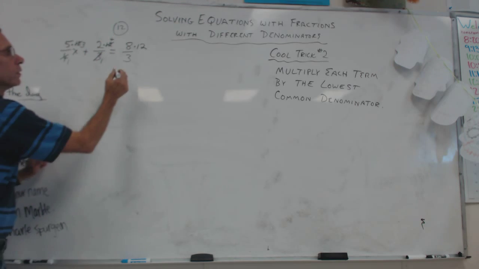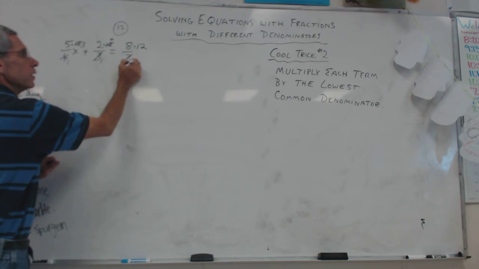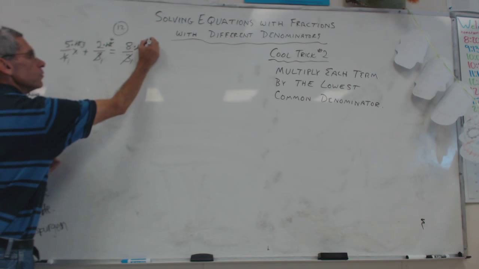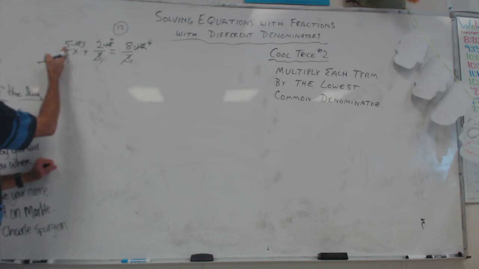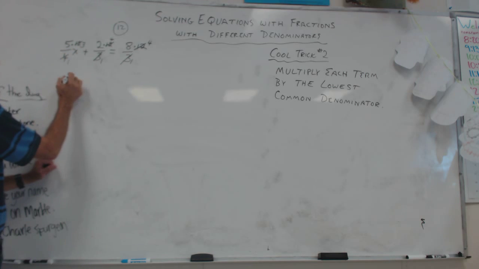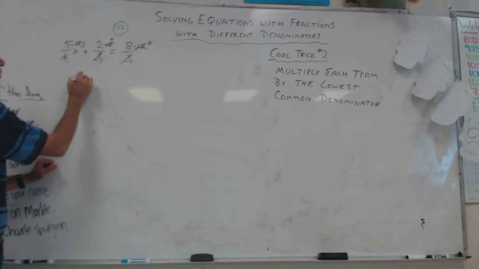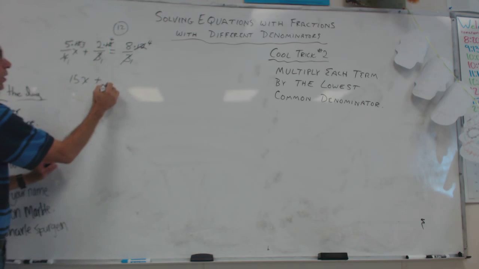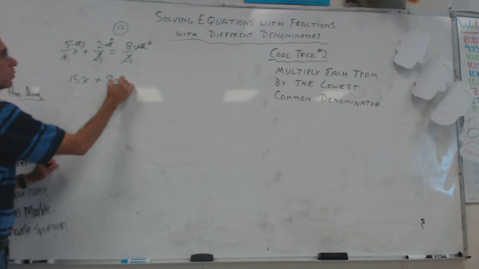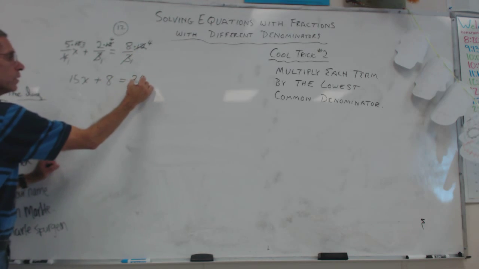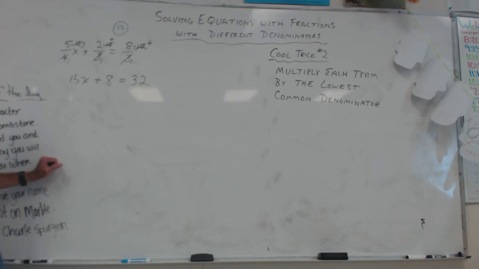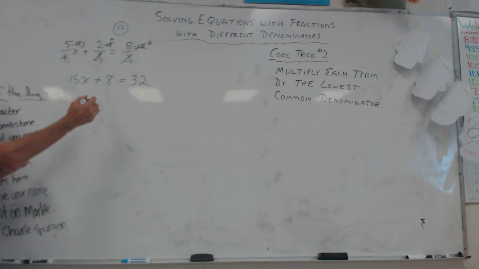No. So now I just do my multiply. 5 times 3 is 15x. You with me? Plus 2 times 4 is 8. Equals 8 times 4 is 32. I have no fractions. Piece of cake now, right?